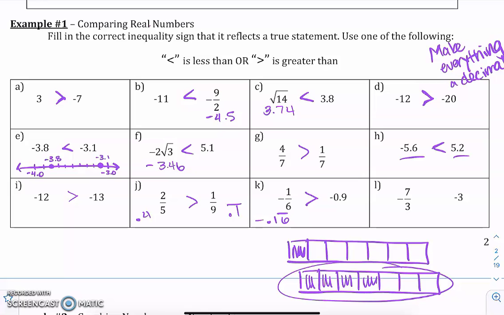And then negative 7/3 and negative 3. Negative 7 divided by 3 will be negative 2.3 repeating. So negative 3 is less than negative 2.3.